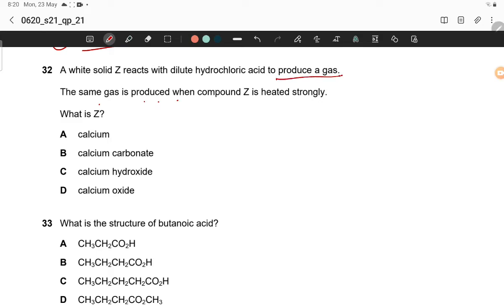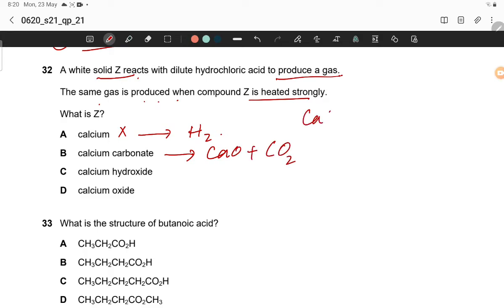Calcium producing hydrogen gas, no. Calcium carbonate, heated strongly, produces calcium oxide and carbon dioxide.